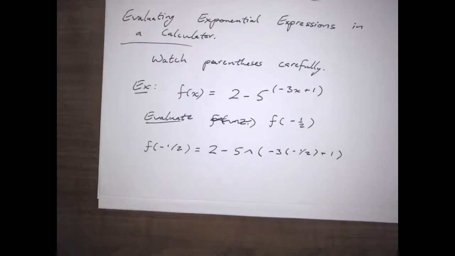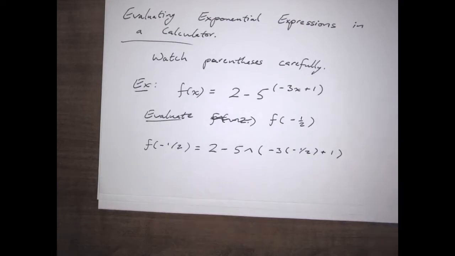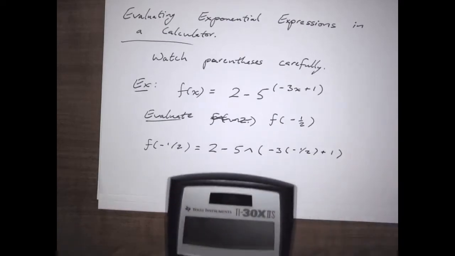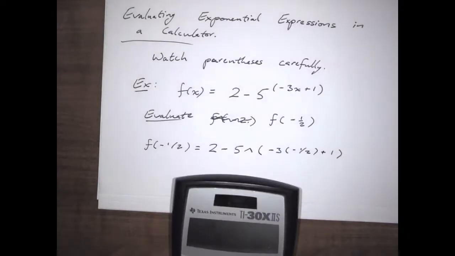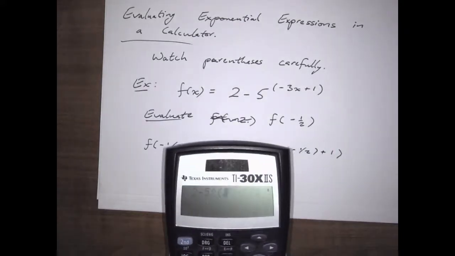Any of these parentheses go missing, and you're going to end up with some trouble. And then just evaluate it. Just let the calculator do the work. Just relax and lean back, and the calculator will do your bidding.